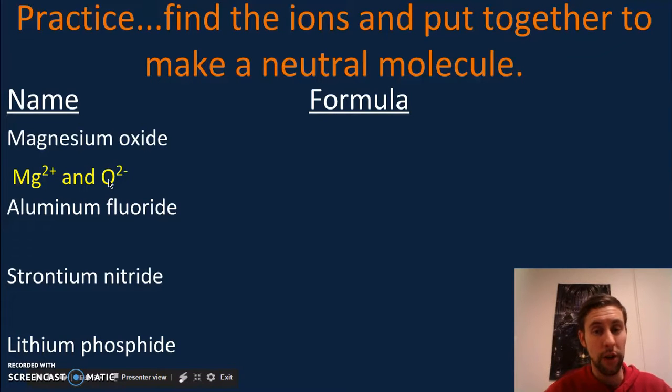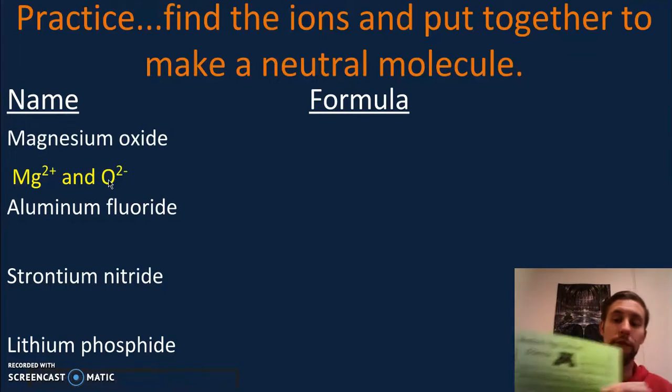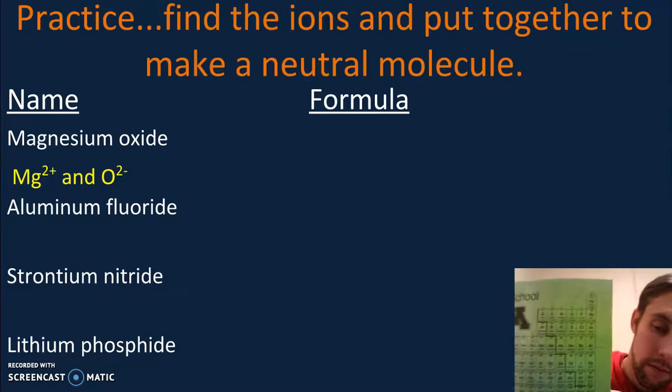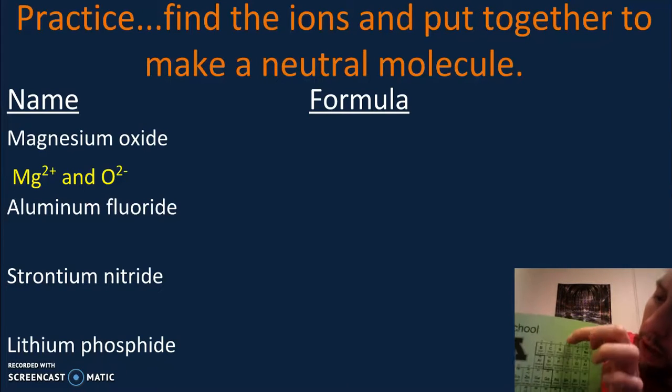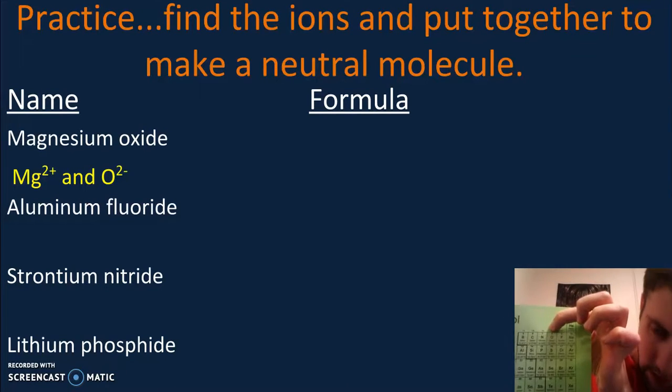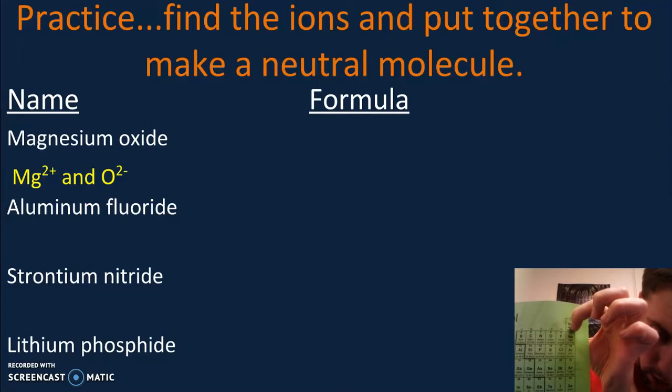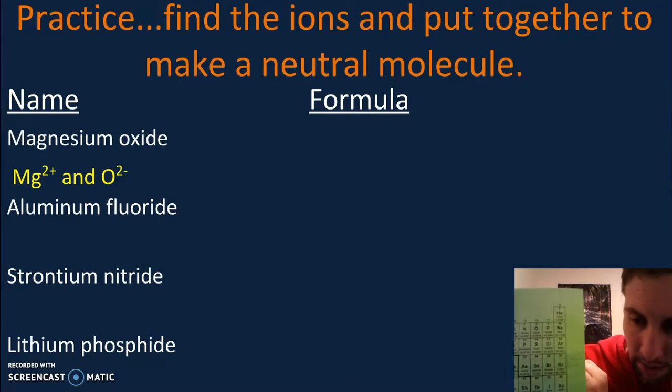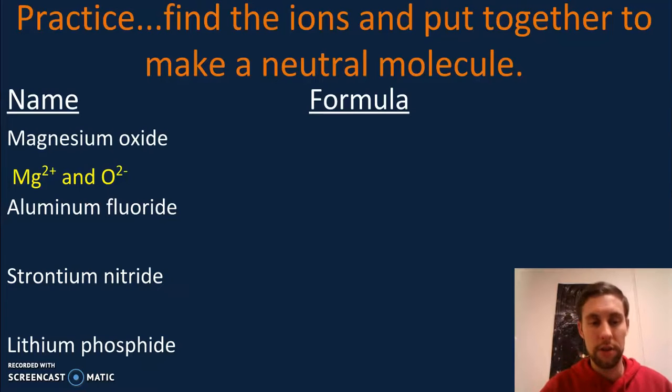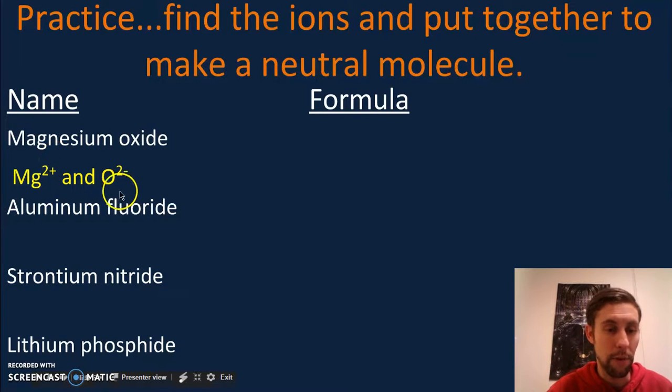It's got to gain 2 electrons to get to be like neon, the noble gas. Oxygen's here. It gains 2 negative things, becomes O2-, and Mg becomes 2+.